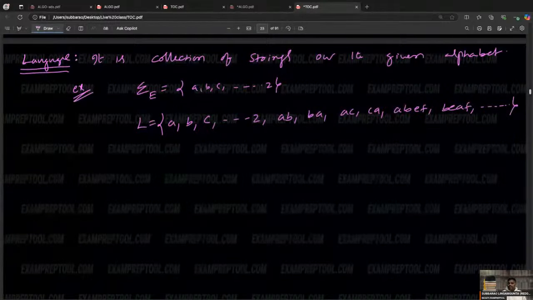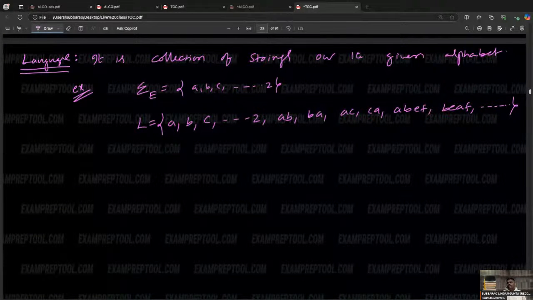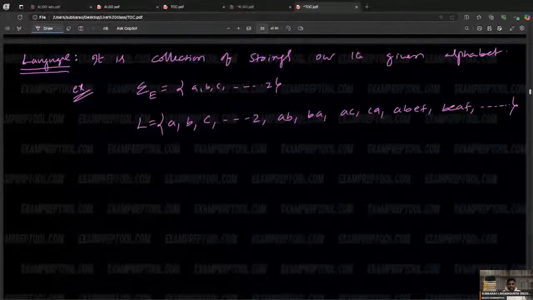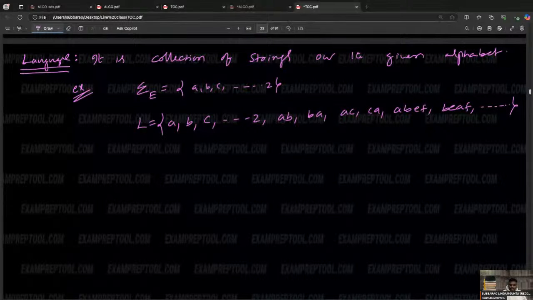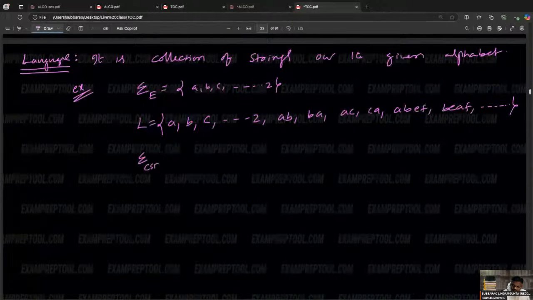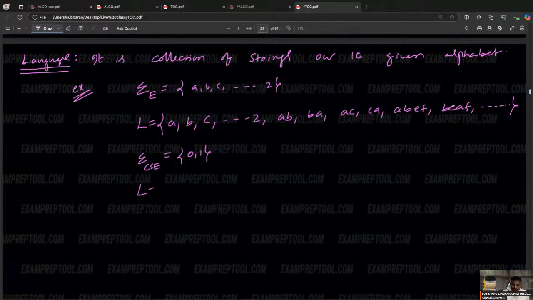What is a string? Any sequence of characters over the given alphabet is known as a string. A collection of strings is known as a language. Similarly, take one more example: the alphabet of CSC, normally 0 or 1. Language L is equal to 0, 1, 00, 11, 01, 01, 01, and so on.